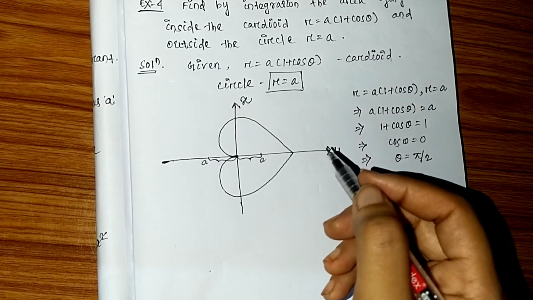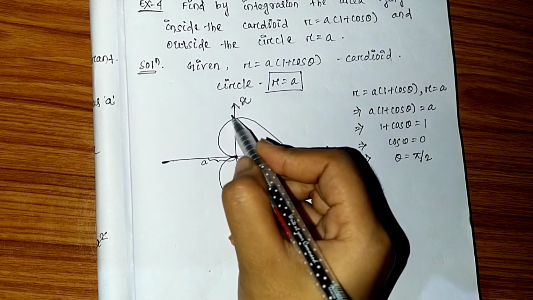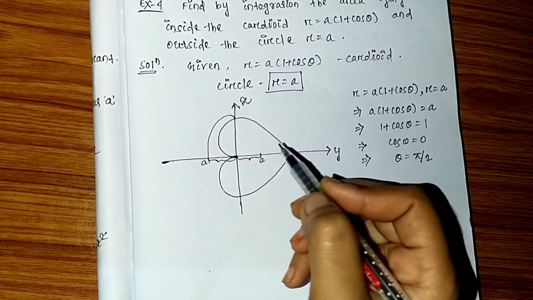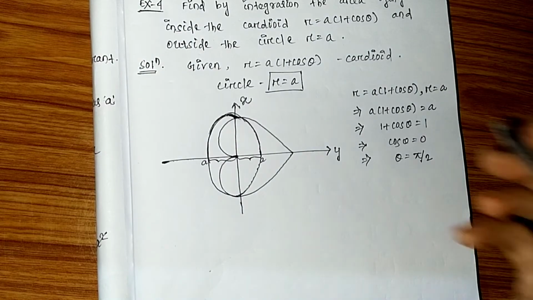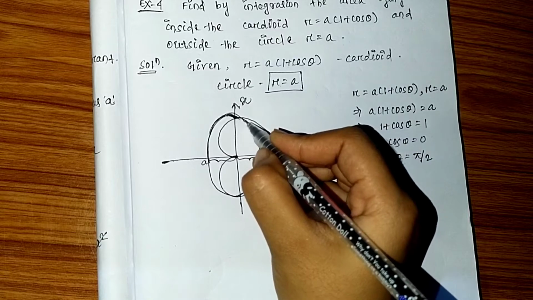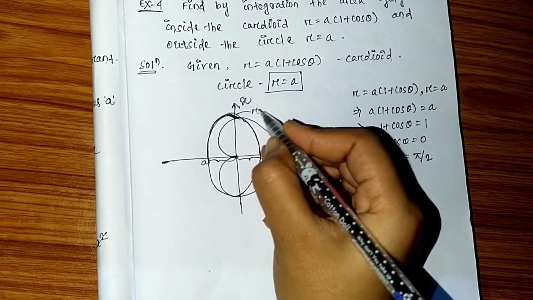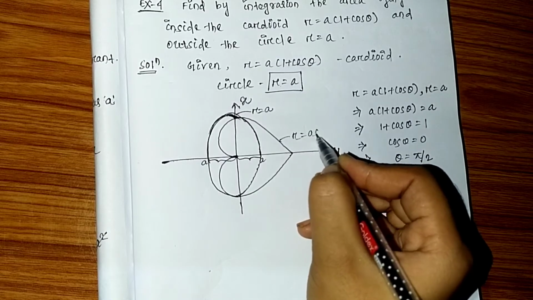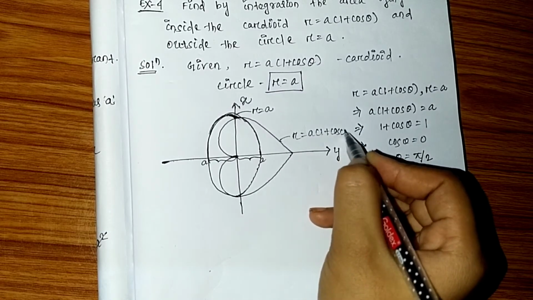Then this is our circle r equal to a, and this one is our r equal to a into 1 plus cos theta.